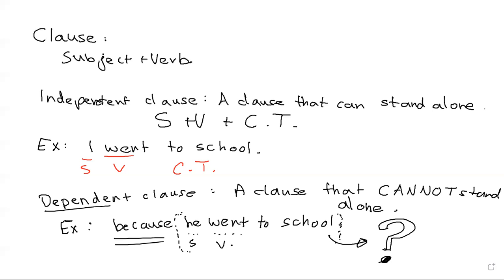So what examples can we say about dependent clauses? Well, anything that starts with or includes because, before, like, for example, before he arrived to school. What happened before he arrived to school? Was he hit by a bus?